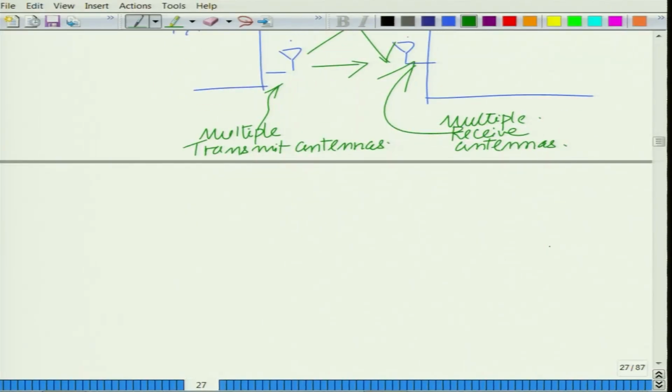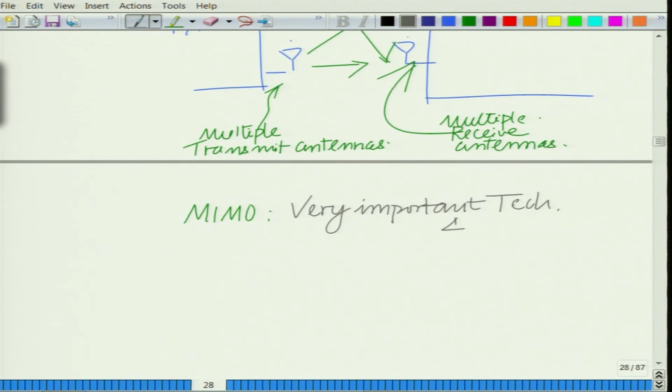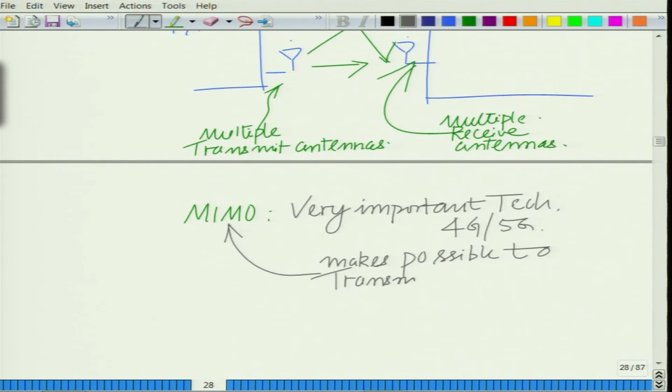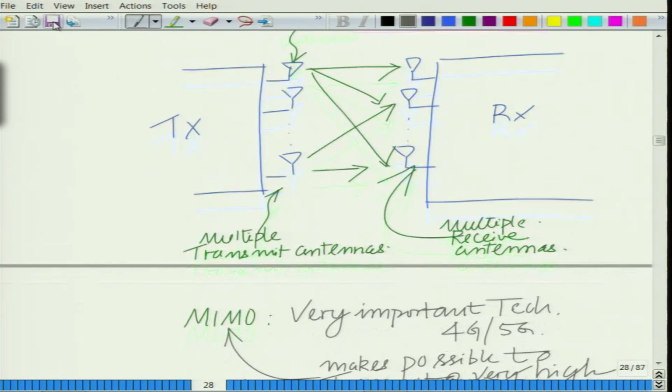So, MIMO is a very important technology in 4G, 5G. It makes it possible to transmit at very high data rates.